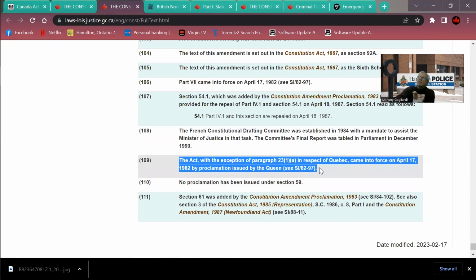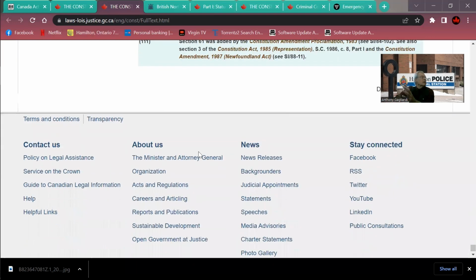Now, a proclamation is not an act of parliament. It was not voted on in Canadian Parliament. And the 1982 Constitution Act is only an act in the UK Parliament. It is not a Canadian act of parliament. So it is only a proclamation, and they stuck it in the 1867 Constitution Act, for which, to me, it should not be there. Okay, Anthony?